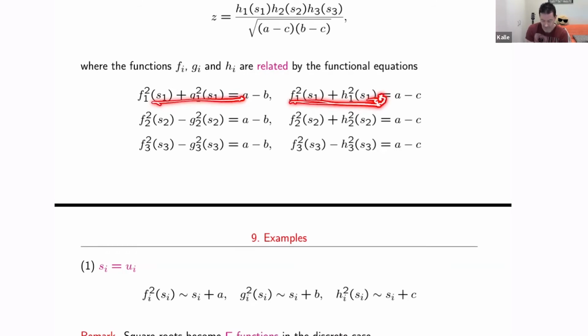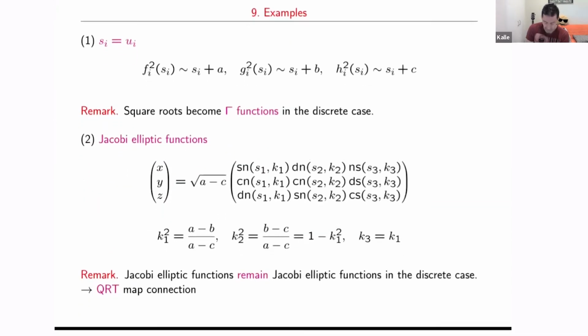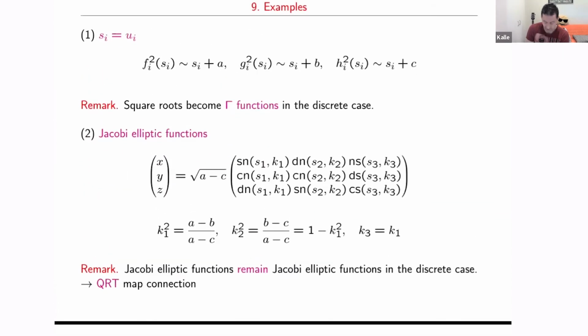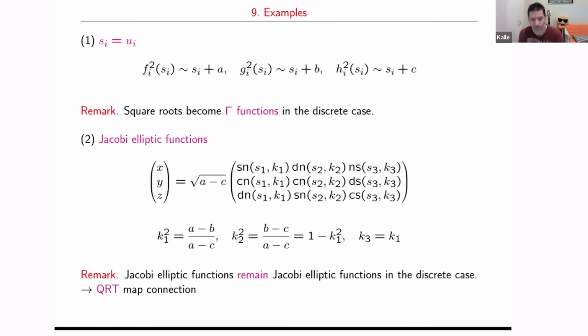The same here. So in fact, the f's, the g's, and the h's, you can find expressions in terms of Jacobi elliptic functions which satisfy those relationships. And in fact, what you see here is really a real version of a classic formula that was given by Jacobi, I think. I believe this is the original context in which Jacobi came up with his elliptic functions.